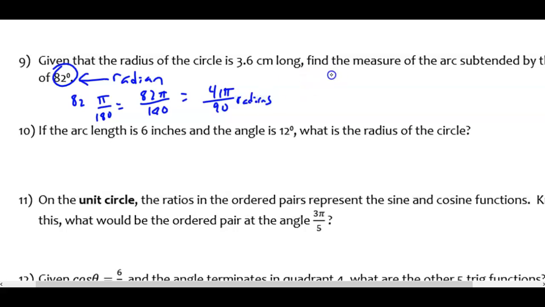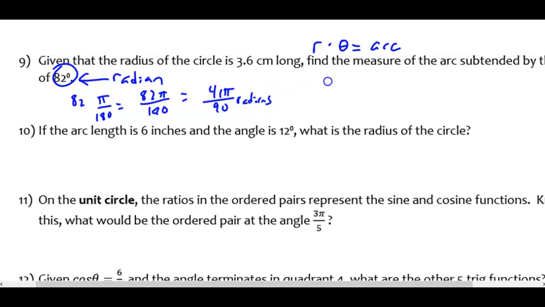Now, remember we use the equation r times theta equals the arc. Well, we know what the radian is, and we know what theta is. We know what r is, we know what theta is.